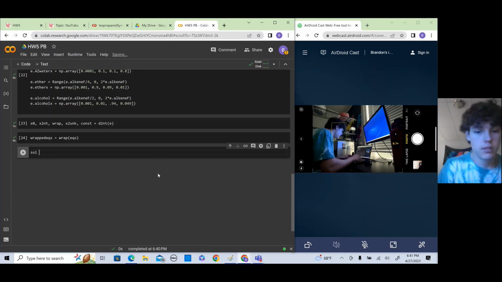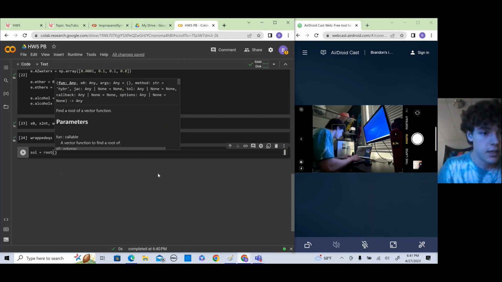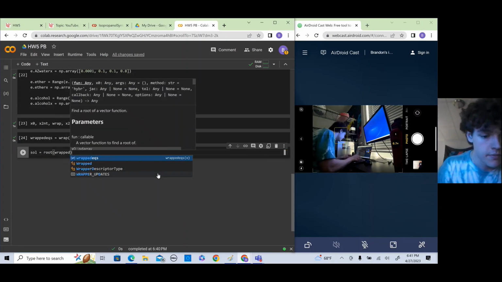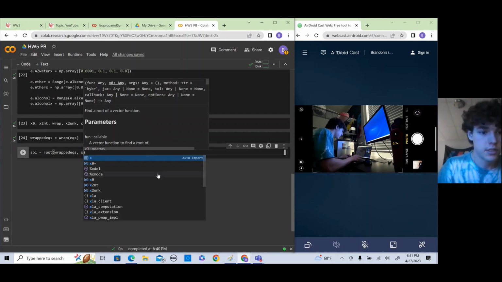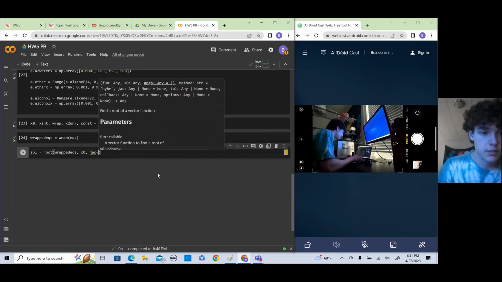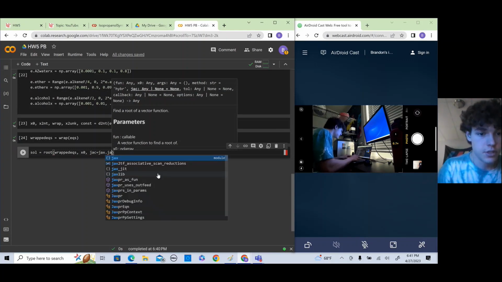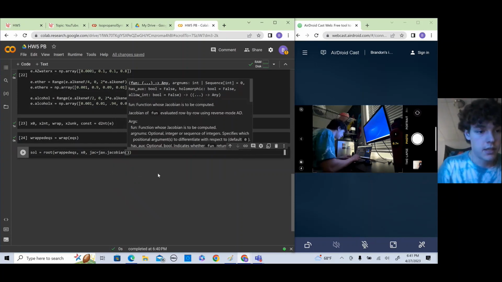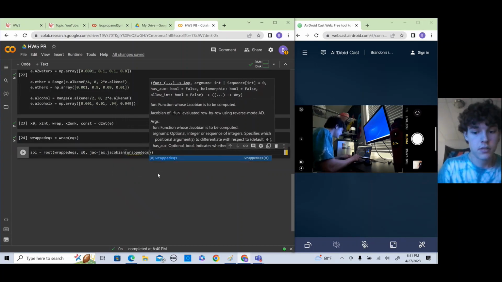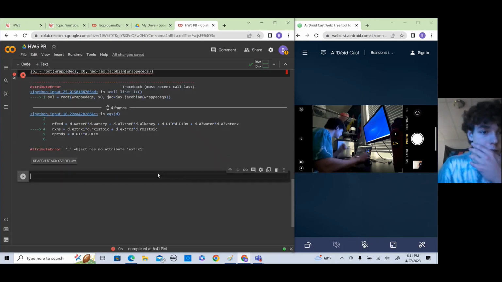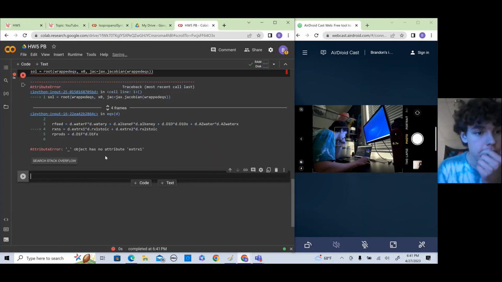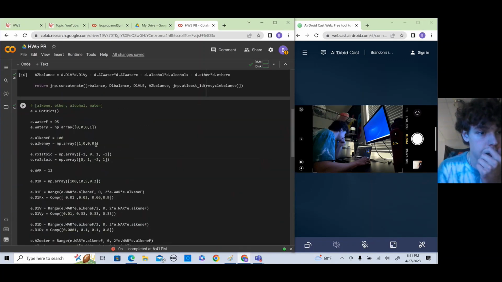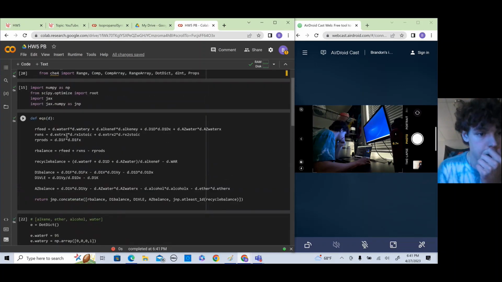Our solution will be equal to our root solver of our wrapped equations, our x0, jax equals jax dot check of our wrapped EQs. Does that work? No. Why does that not work? Where's that at?